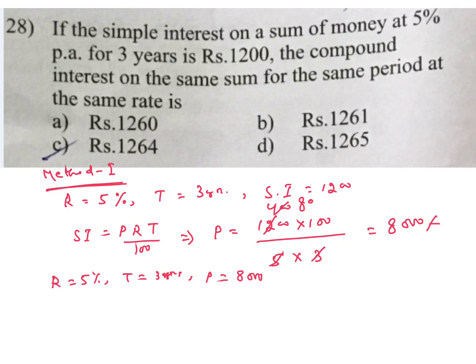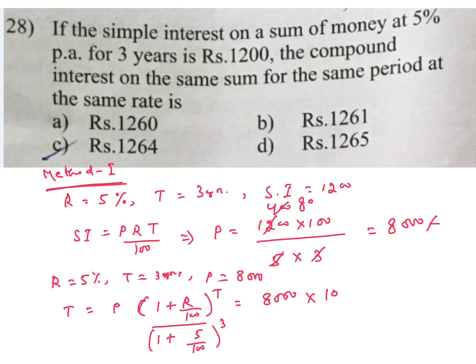So total is P into, for compound interest, 1 plus R by 100 whole to the power T. Principal is 8,000 into 1 plus 5 by 100 whole to the power 3. So you can write it as 105 by 100, 3 times: 105 by 100 into 105 by 100 into 105 by 100.